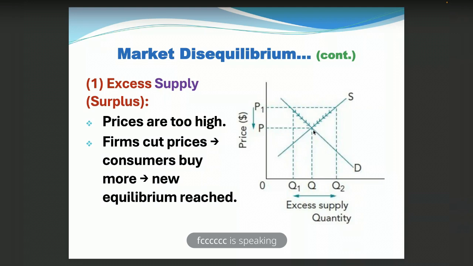No, no, no. We won't care about that. This is not our demand. We won't be looking at it from this point of view. We'll be only looking at this point. At this point, we will be drawing a line just like this. It will go down, and this is our quantity, our quantity increases.